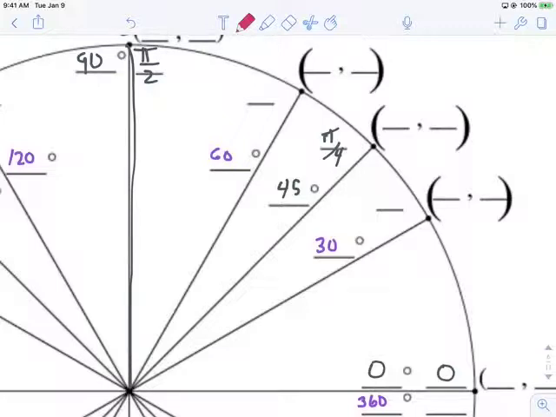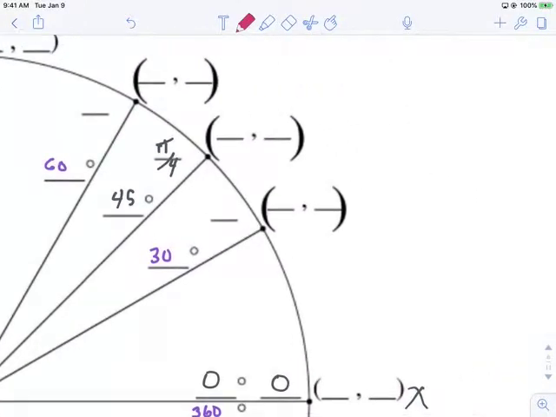What is that in terms of radians? How did you figure that out? There you go. So pi divided by 6 is 30. Pi divided by 6. All right.